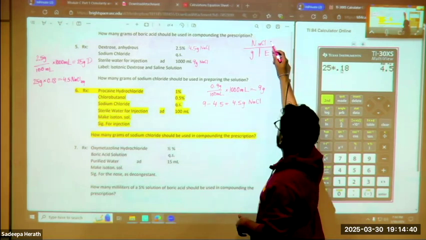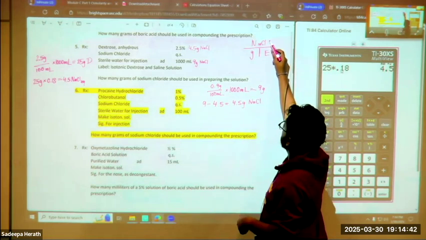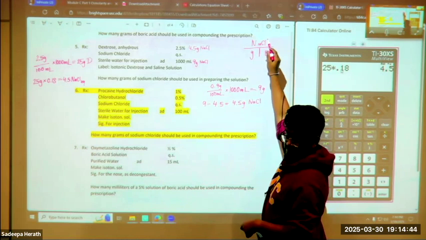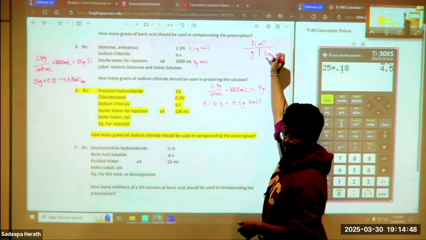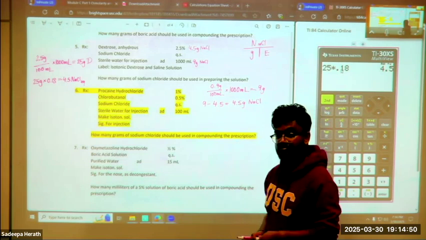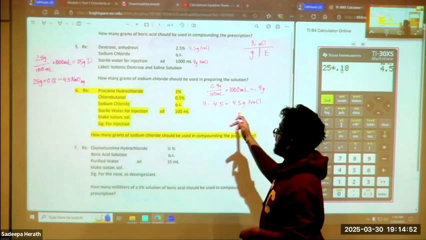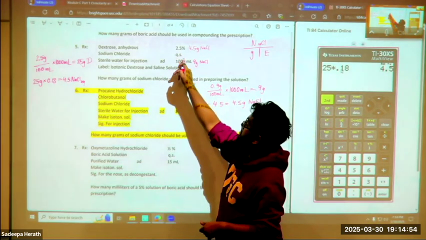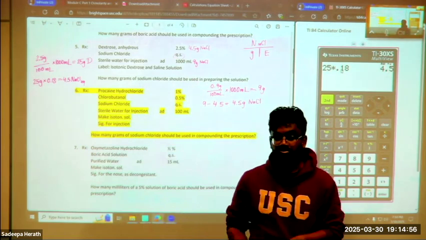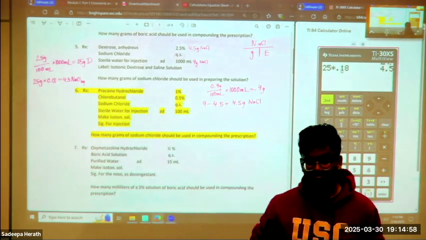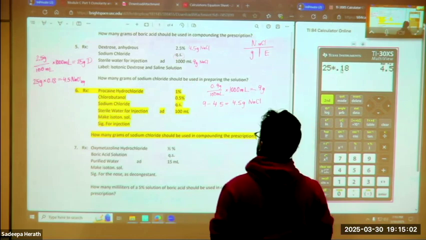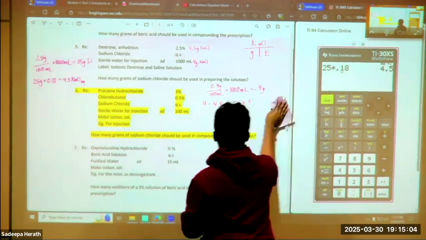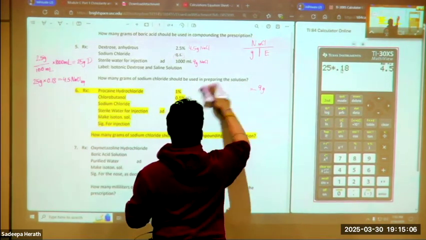So you have the equivalent amount in NaCl of boric acid, for example, divide that by its E-value to get the amount of boric acid. But this is already as sodium chloride, and that's what we're looking for. So we don't have to do anything else with that. It's pretty straightforward. Hopefully you guys are making sense of what I say.